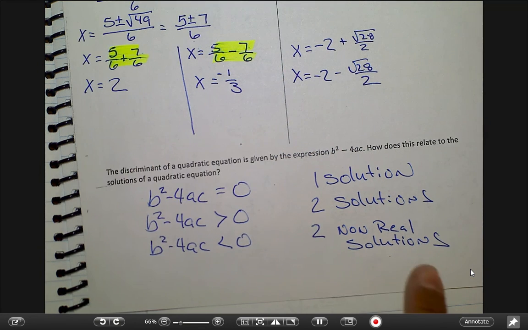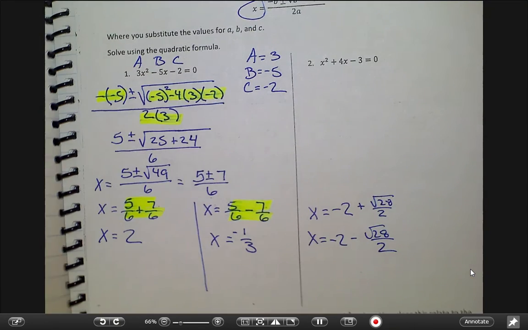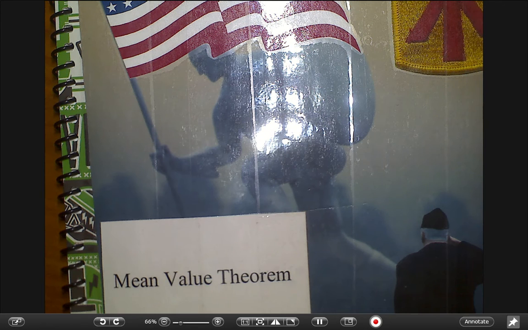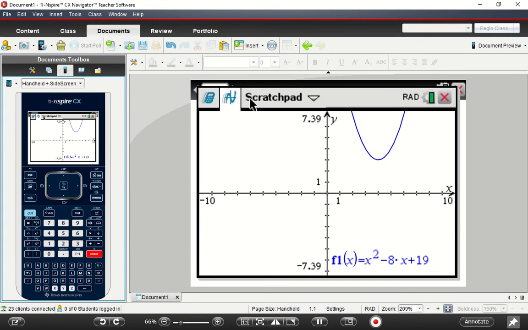So if we go back to this one right here, and it is not crossing that line at all, there are 2 non-real solutions there. That's the key. You could use your calculator to answer that.